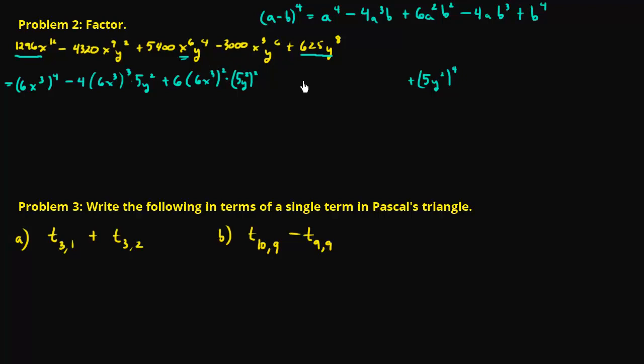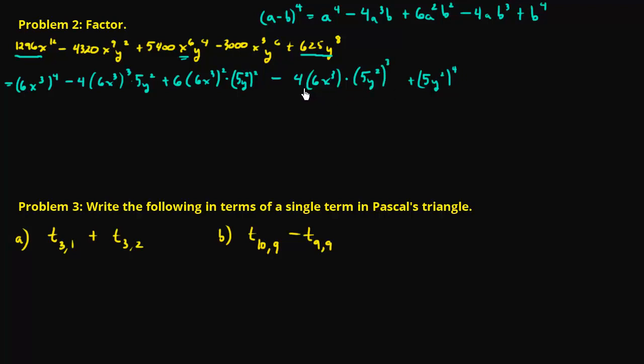We've got 1, 2, 3 terms done, now 4 terms. Now we just have to make sure that this term matches as well. So we would have minus 4 times 6x cubed to the power of 1 times 5y squared to the power of 3.